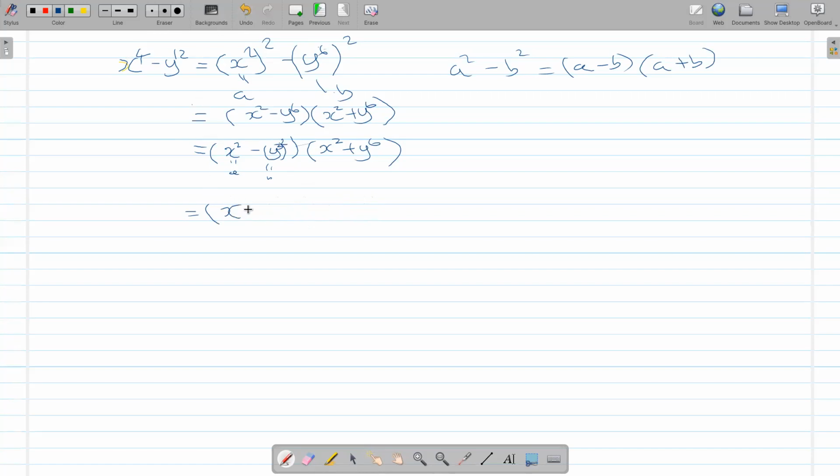So x minus y to the 3, x plus y to the 3. So this one will become x squared plus y to the 6. This one I cannot factor further, so here I stop. Okay, is that clear?